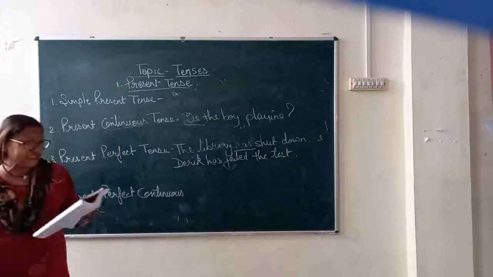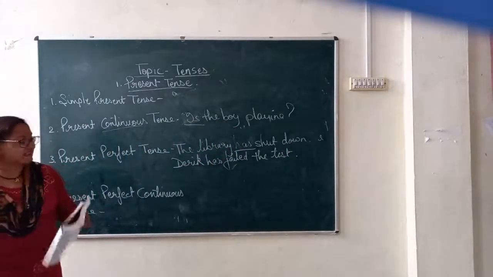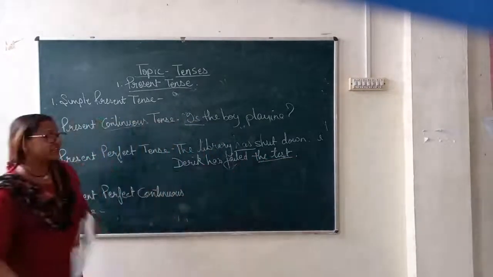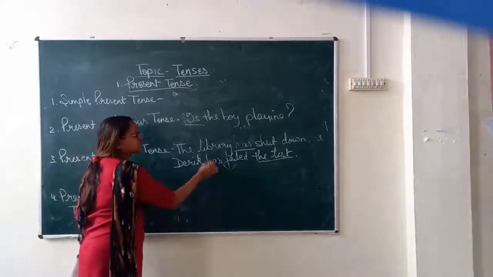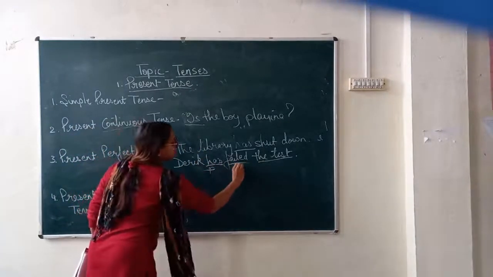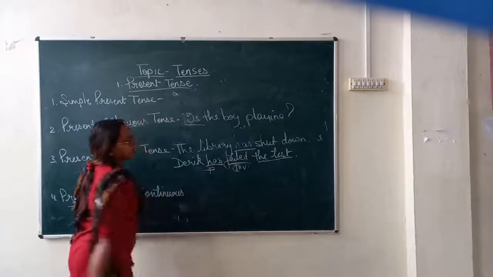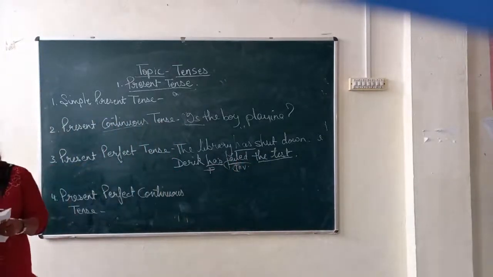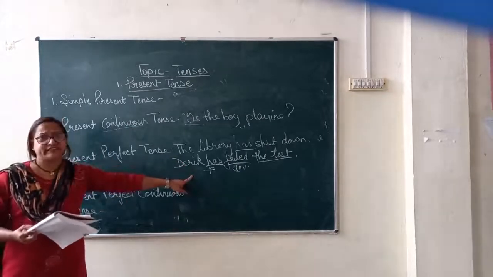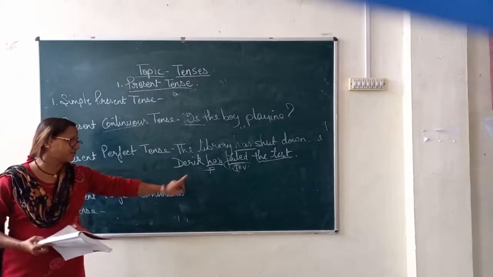Now here, Derek has failed the test is the event. Which event? The test. That means he has failed. The action has taken place just before, and has is showing you the present form. Failed is the third form of the verb fail. That means the test has already taken place beforehand.